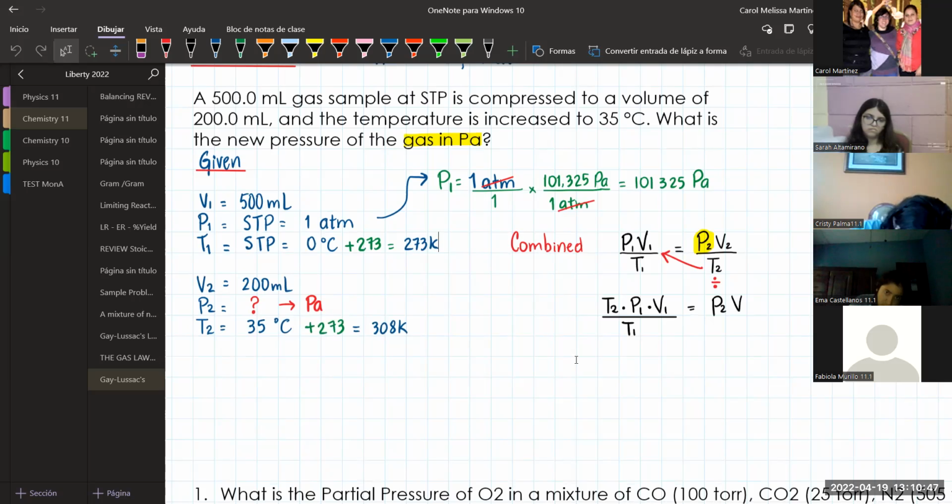Still, you are isolating for pressure 2, which means that volume 2, that is multiplying, is going to go to the other side to divide. So you will have T2, pressure 1, volume 1, all this divided by volume 2, that was multiplying and came to divide, and temperature 1 that was originally there. So my equation is already isolated for pressure 2.